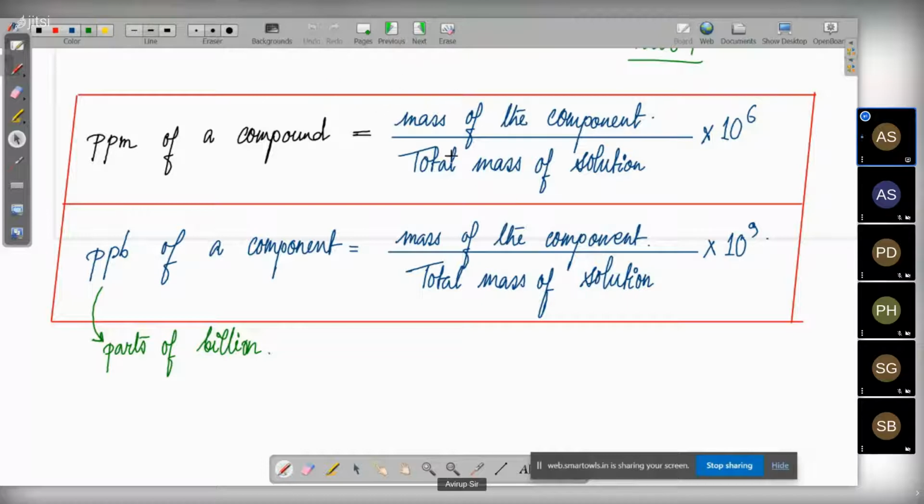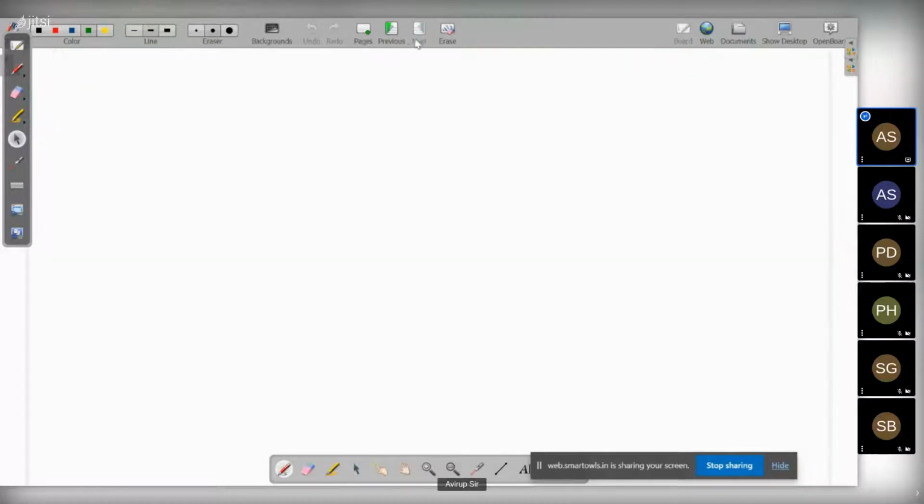See, can you see anything related to volume in the equation? There is no such thing related to volume. That means it is independent of temperature. Had there been volume, then we could have said that it was dependent. This is independent of temperature. Now we have the next one, that is the mole concept.